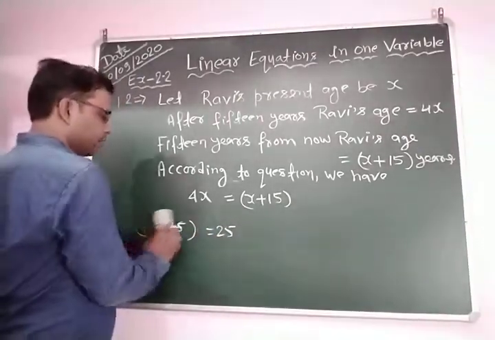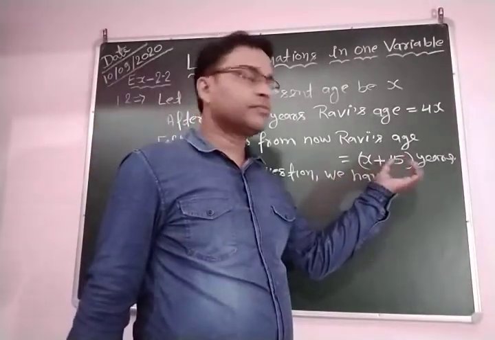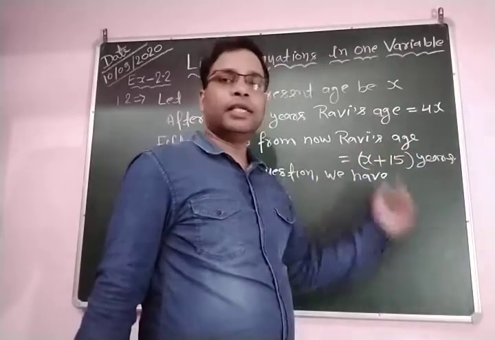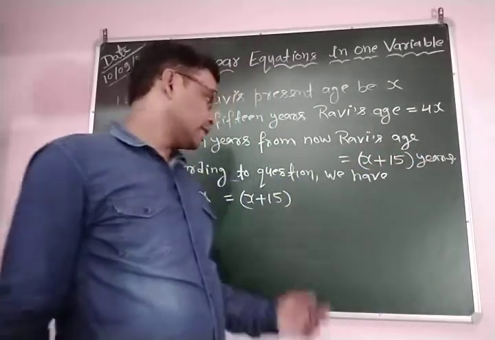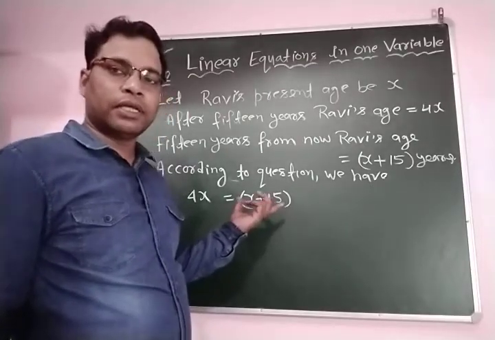You add 15 to your present age, so your age after 15 years will be 10 plus 15, which is 25. So here we find two expressions for age after 15 years, 4x and x plus 15. Both are equal because both are Ravi's age after 15 years.